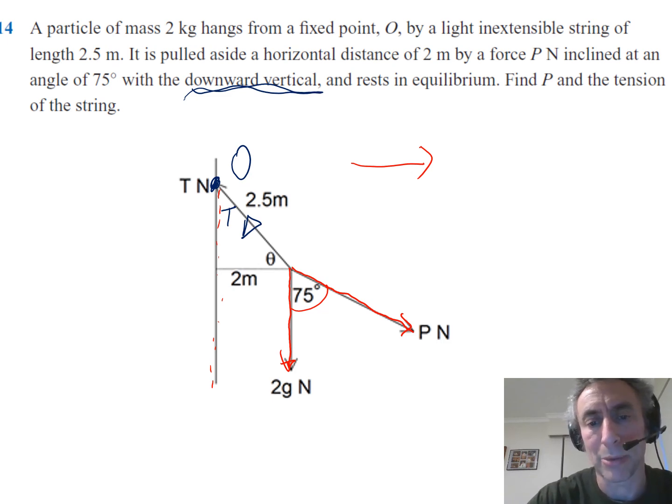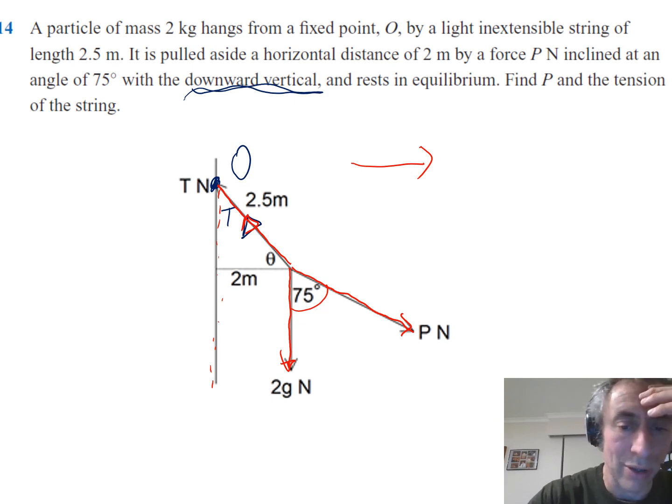It must be to the right, in the direction in which it's been moved away from being directly below O. Okay, so here's our third force, that's the string, and of course it's delivering a force on the particle via tension. Okay, and there's our theta. So theta is easily determined via cos in our SOHCAHTOA.